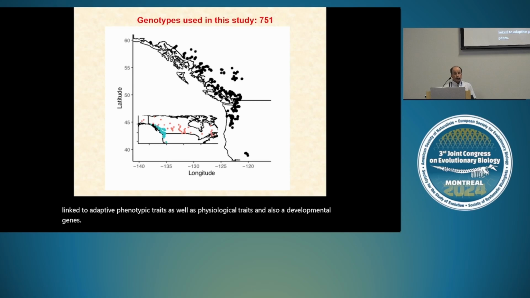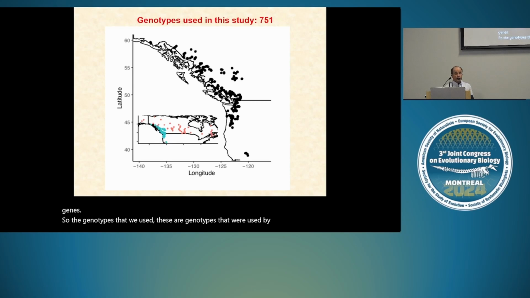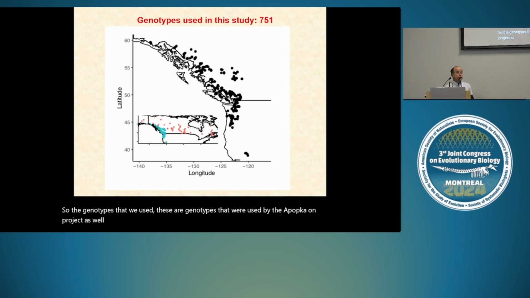So the genotypes that we used, these are genotypes that were used by the PopCan project, as well as some genotypes that were used in a study by the Joint Genome Institute in Tennessee. We used a total of 751 genomes, and when I say we, I actually mean Ihan Wu, my PhD student, because this was her project.